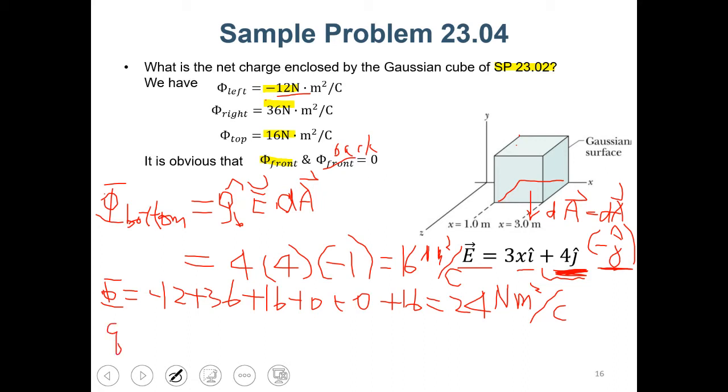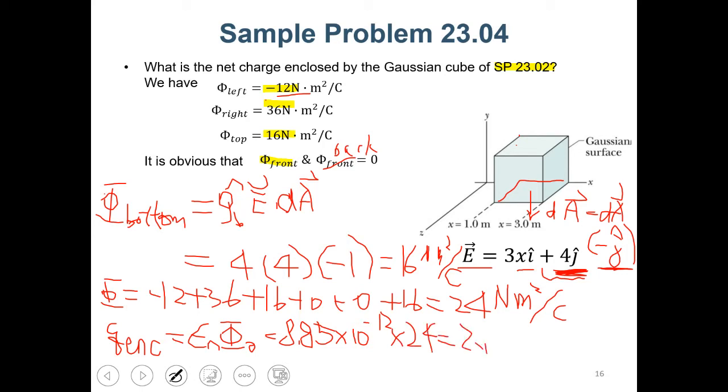And actually, Q enclosed should be epsilon 0 times the flux, which is 8.85 times 10 to the minus 12 times 24, which is 2.1 times 10 to the minus 10 Coulomb. Or you can write it as 210 picocoulomb.